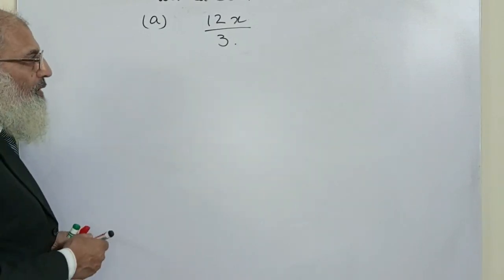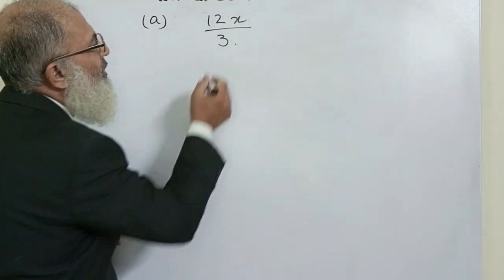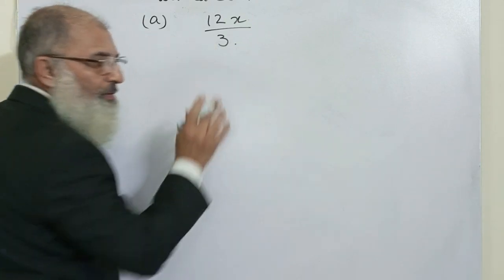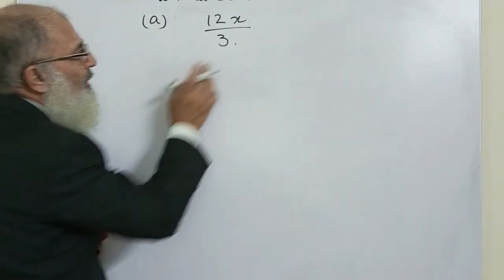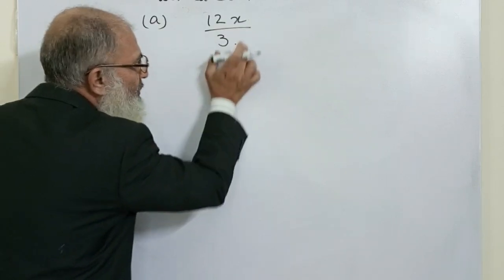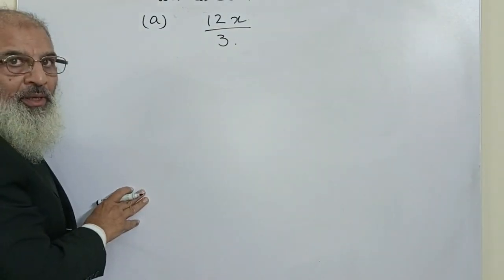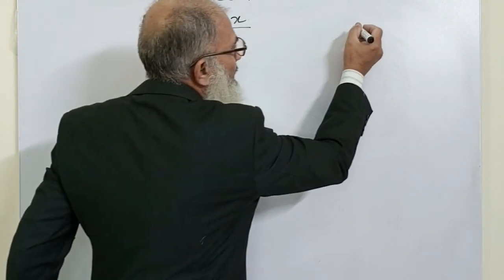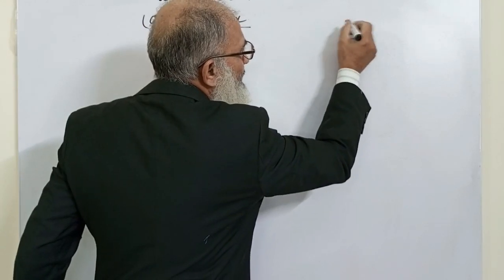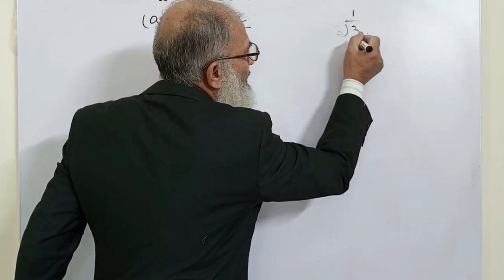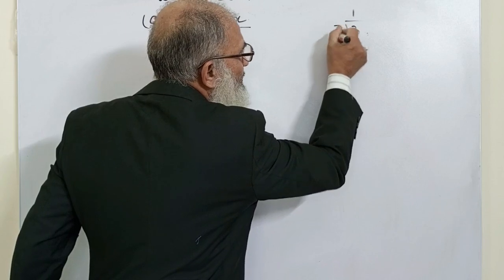So what we do is we divide it by 3. You see that the denominator when divided by 3, what will it become? 3 1 times 3.